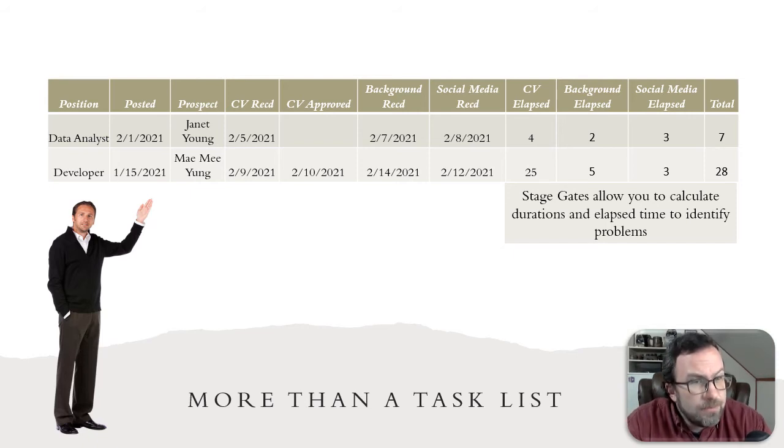I also noticed that the background took longer. I'd be curious about that to see if there's a consistency around that type of role requiring a longer background check, or was there some other thing that crept in the way? My social media requirements seem to be falling fairly consistently. So that all fits into an evaluation and adjustment of our process.